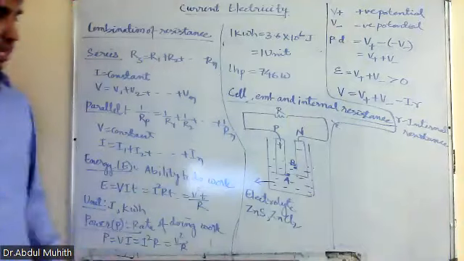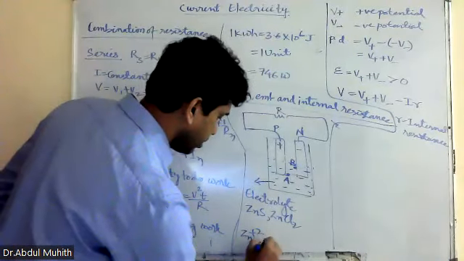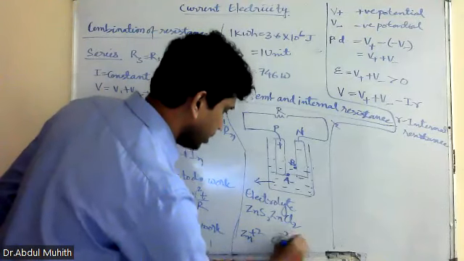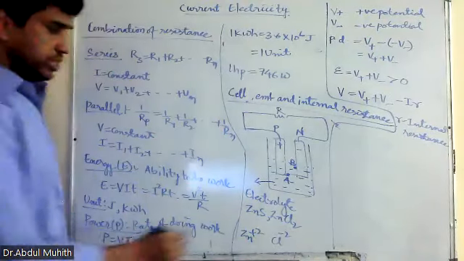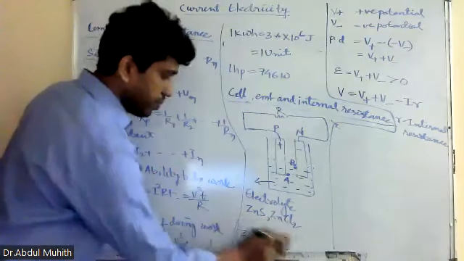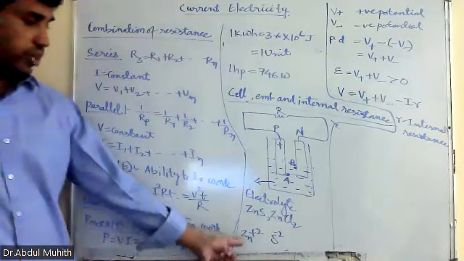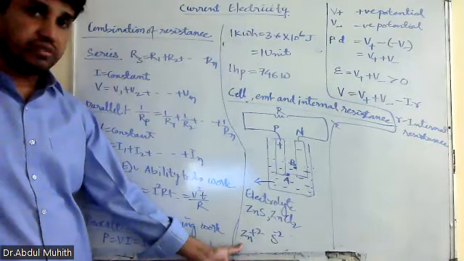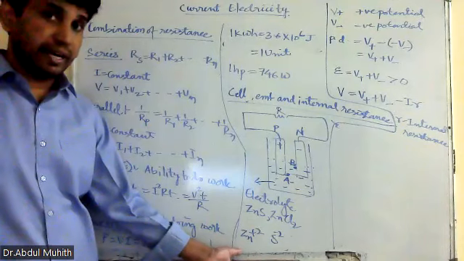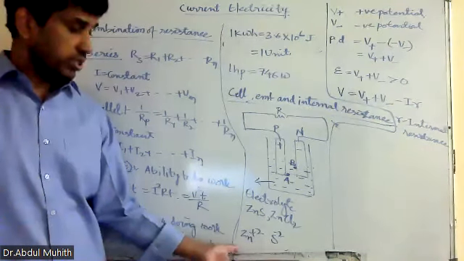Internal resistance is when we have cations and anions, right? Zn plus 2 and Cl minus 2. Or Zn sulfide minus 2. What is this Zn plus 2 known as? Known as cation. And this is known as anion. Positive cation and anion.